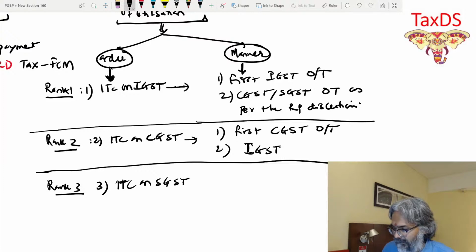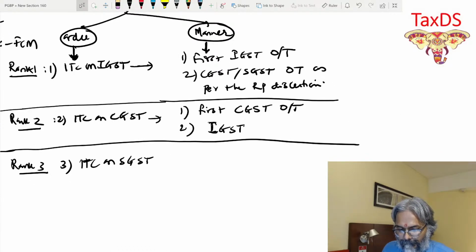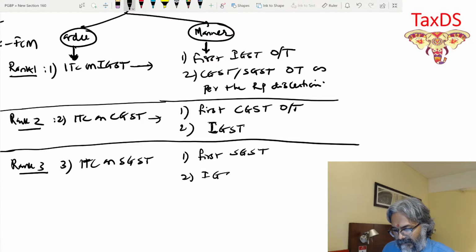Why, students? Thereafter, students, the first is the SGST, and the second one is the IGST.